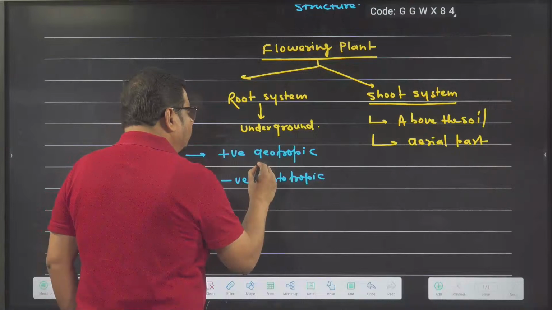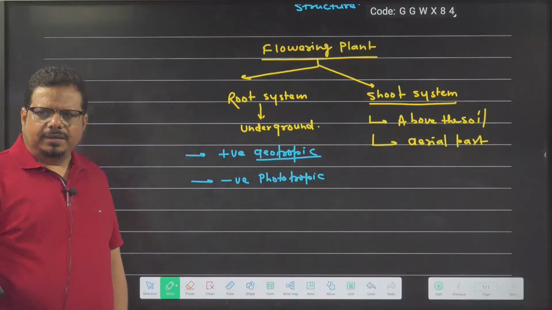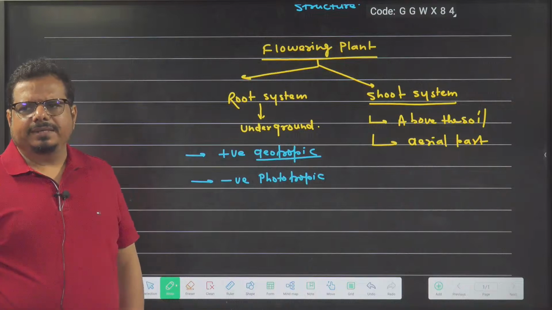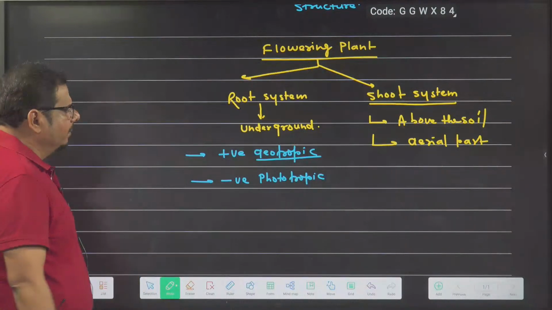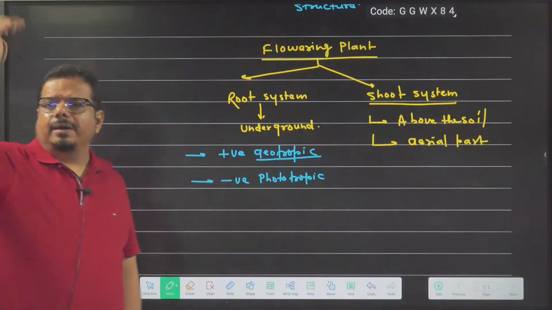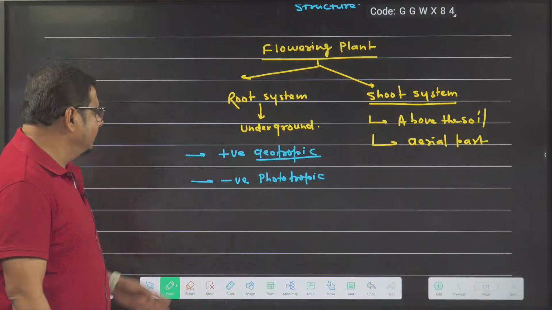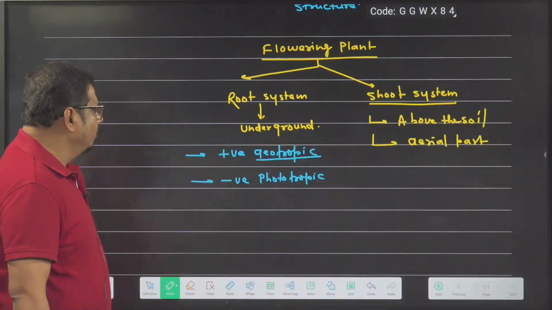Geotropism means moving toward the gravity, it is called positive geotropic. And it is moving against light. Light is present up; if you are going underground, it is moving against the light. Hence, we are telling it is negative phototropic.